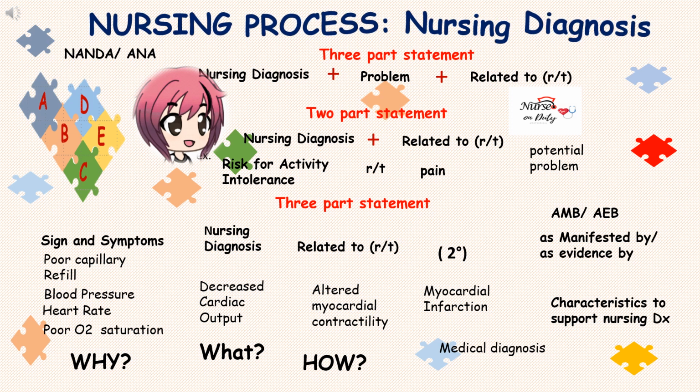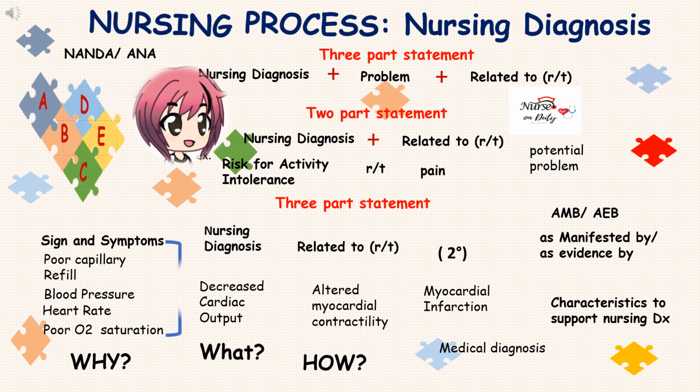Unang tingin mo pa lang, alam mong may manifestation siya, and this type of manifestation falls into a certain pathological disorder. So, kung alam mo yung disease na yun at nag-aaral ka at ina-update mo yung sarili mo, mas madali. Example ng nursing diagnosis is decreased cardiac output. Related to what? Bakit siya nagkakaroon at bakit sinabi mo meron siyang decreased cardiac output?